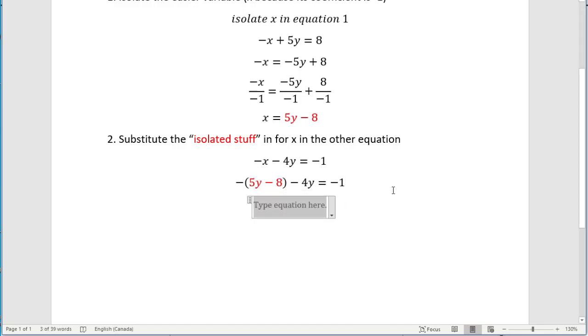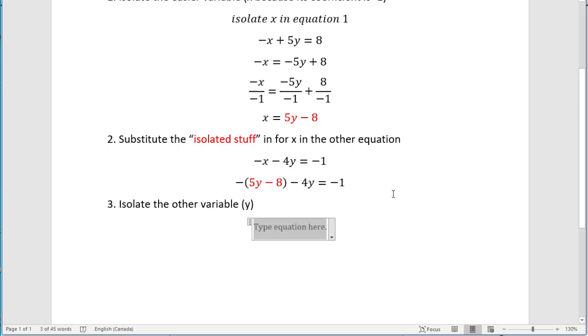Now what I have to do is isolate the other variable, in our case y. So how do I do this? The first thing I need to do is distribute that negative sign so that it affects both the 5y and the negative 8. It makes the 5y negative and it makes the negative 8 positive.